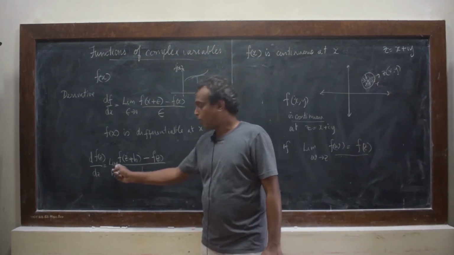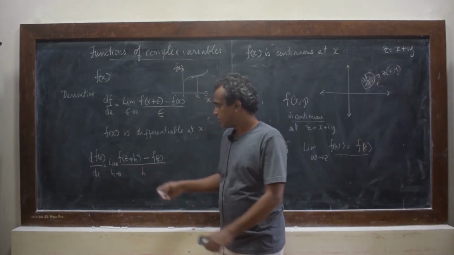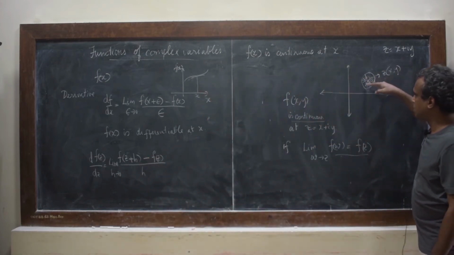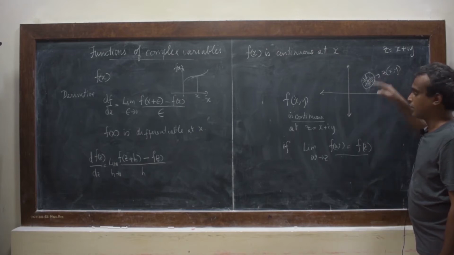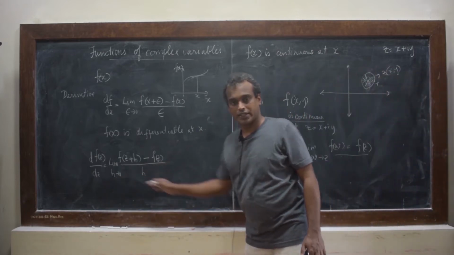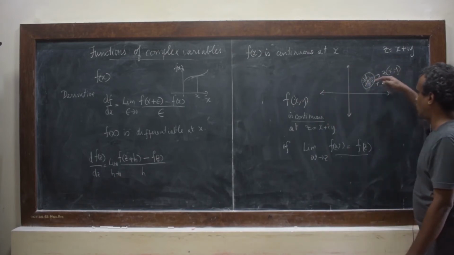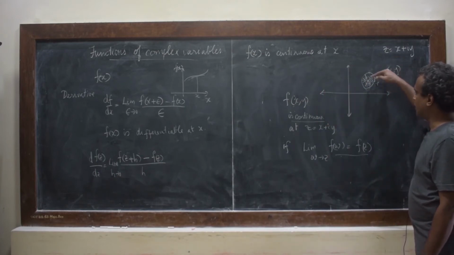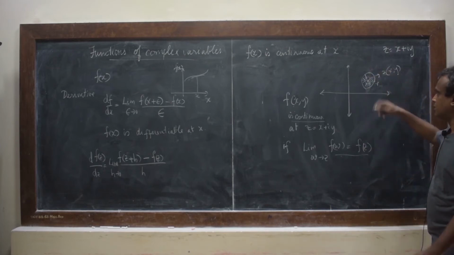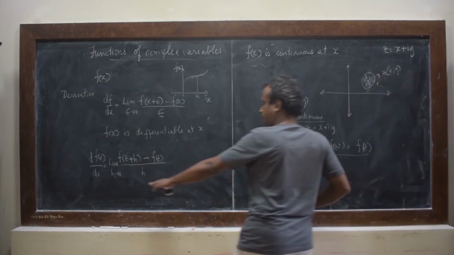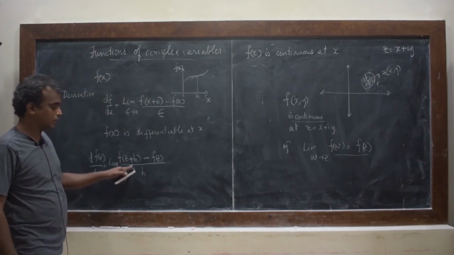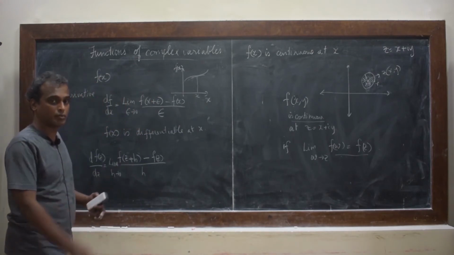Okay. So, the point z plus h defined here could be any of the points in the close neighborhood of the point z, such that this definition of derivative does not depend on which direction you approach the point z, and thus ensuring that the derivative has the same value at the point z, irrespective of the approach to the z.